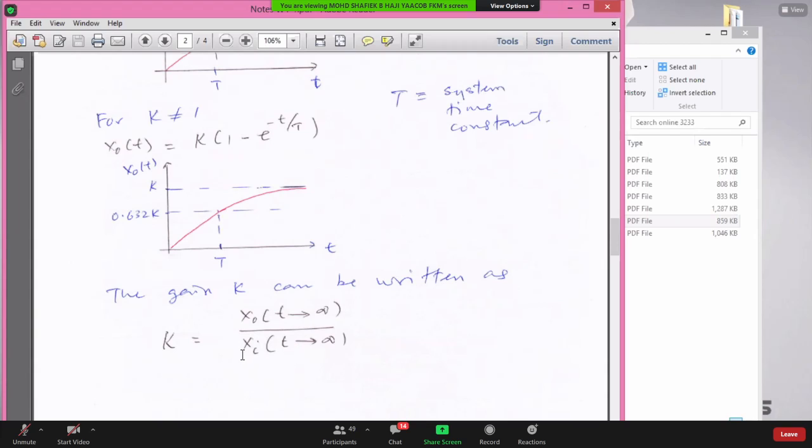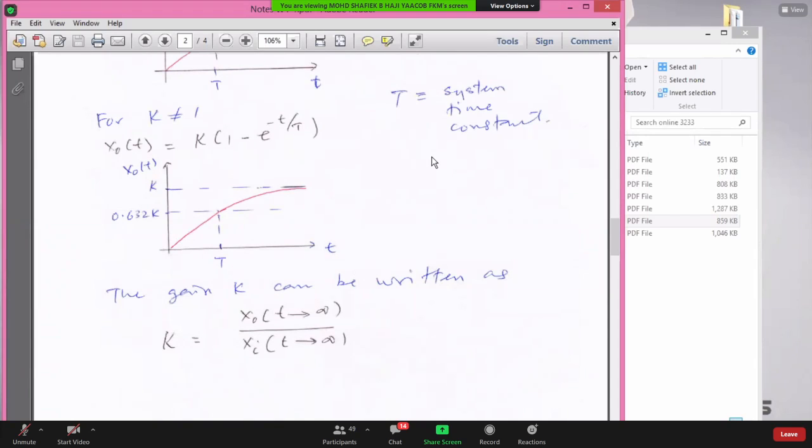So here x of I is just a step input, which is just 1. So the final value is k. You can verify that k divided by 1 is equal to k. So k is known as the gain of the system, and T is the time constant of the system.